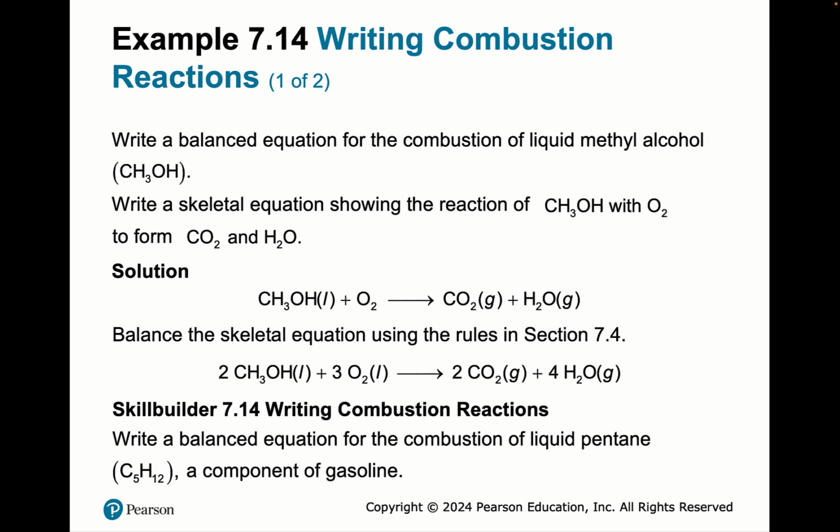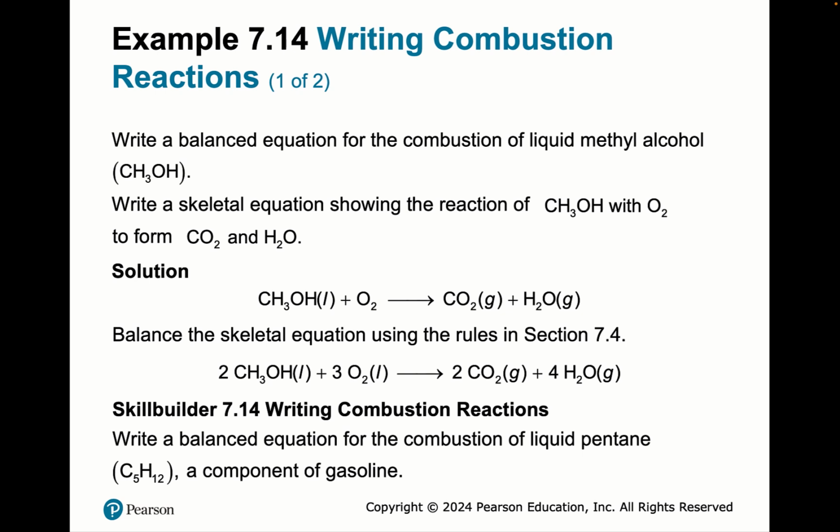So we have to double it, and doubling things in order to balance out all the oxygens, you're going to have a 3 there. You can see that there's an odd number, and it's keeping true the 1-to-1 ratio of the methanol to the carbon dioxide. So after you double everything, you can count again.